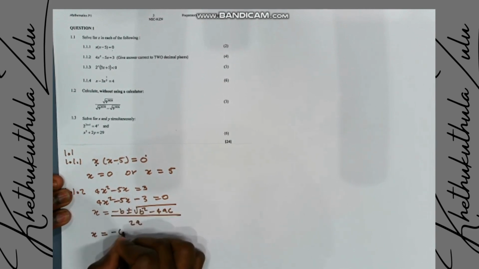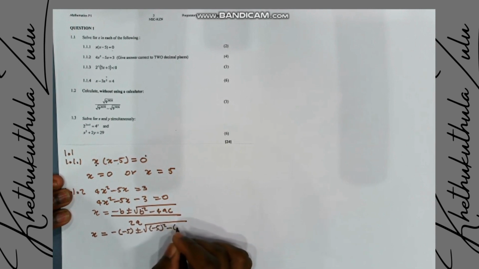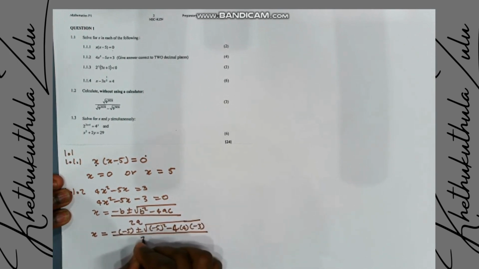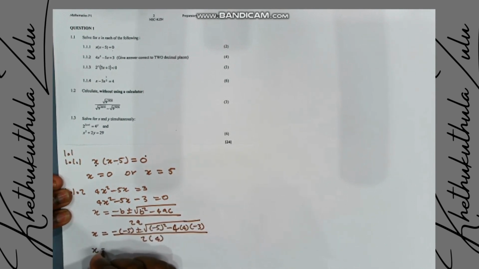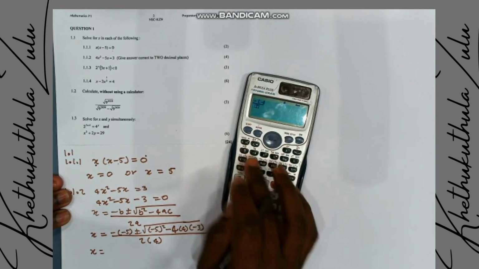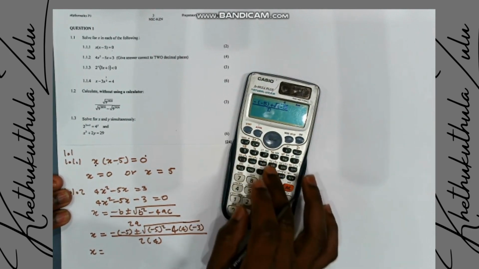Substitute: minus minus 5 plus or minus the square root of minus 5 squared minus 4 times 4 times minus 3, all over 2 times 4. Then x is equal to, find your calculator, minus minus 5 plus or minus. Learn how to punch your calculator, guys.